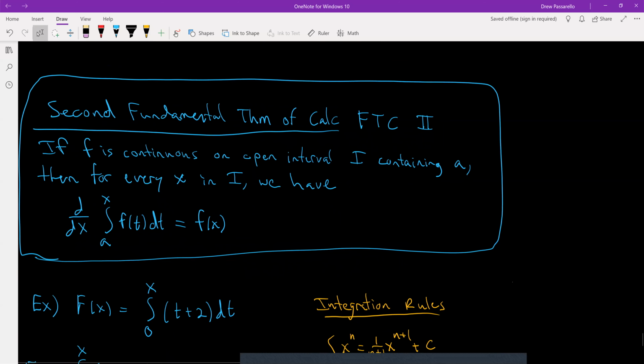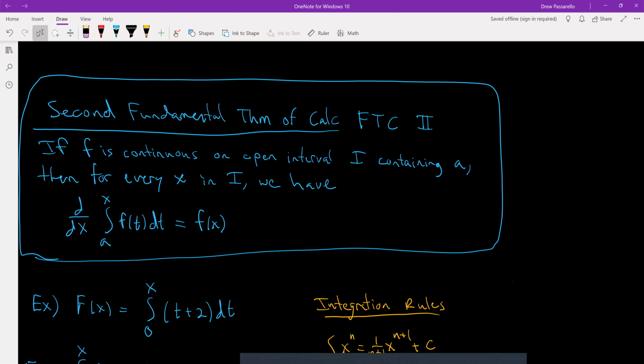So the fundamental theorem of calculus, the less known one, abbreviated FTC2, says that if you have a continuous function f on an open interval I containing a, then for every x in that interval I, the derivative with respect to x of the definite integral from a to x of f of t dt is equal to f of x.